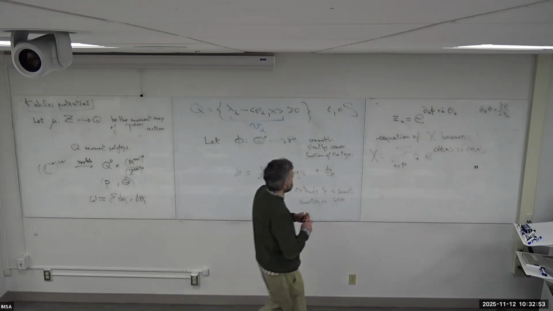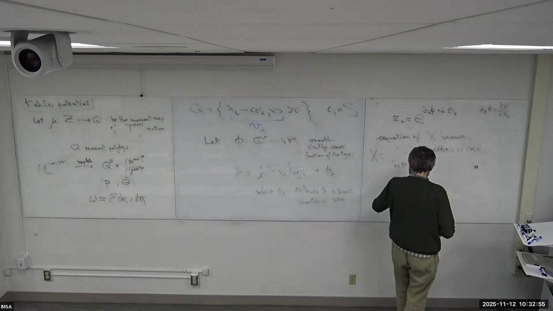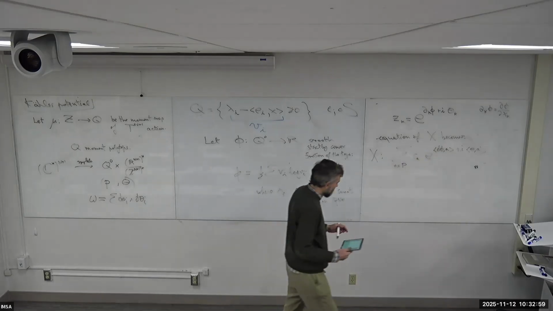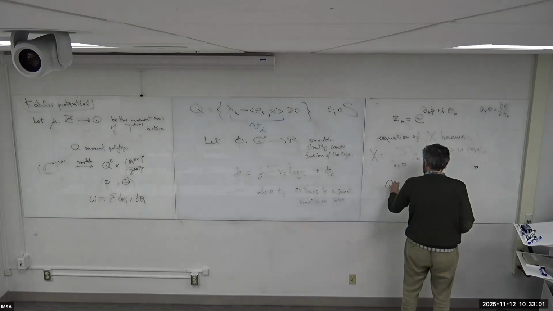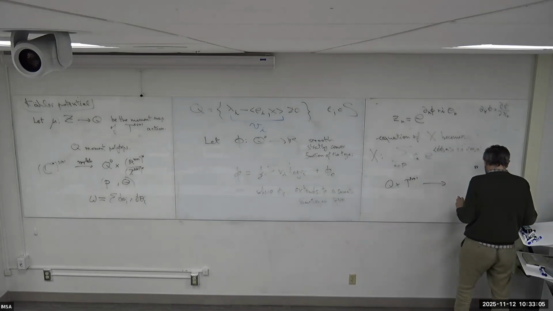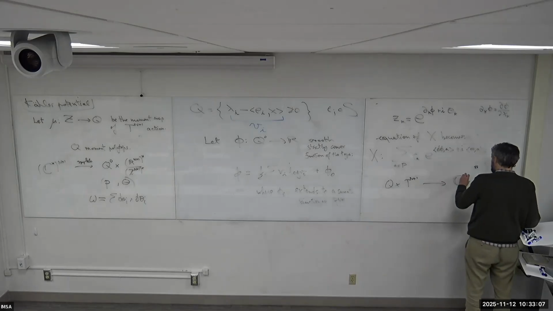Let me just also write a diagram of this. So we have this Q times this torus T^{n+1}. We map it to (C*)^{n+1} in this way.